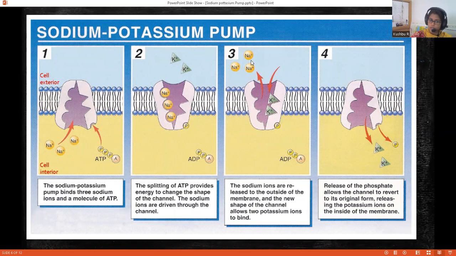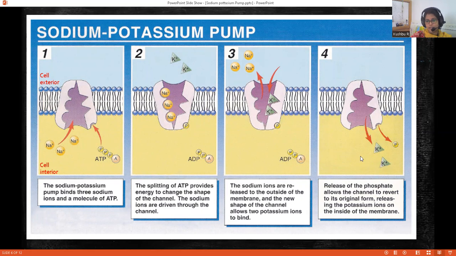As the sodium ions are liberated out of the cell, it also takes in 2 potassium ions. So the vacancy for the ions is only 2. So 2 potassium ions will be brought in, and this will cause another conformational change to leave the potassium ions inside the cell.